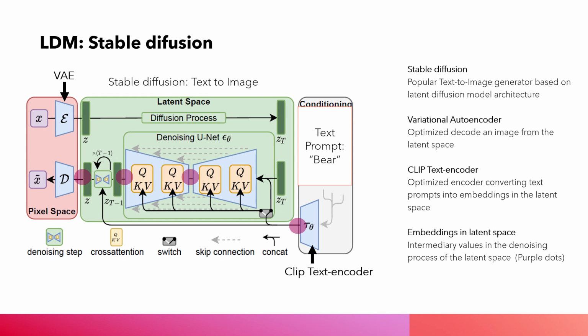As the title mentions, it conducts the experiments on the Stable Diffusion model. Stable Diffusion is a popular text-to-image generator based on the Latent Diffusion Model architecture, as shown in this slide. It uses the optimized CLIP text encoder to embed the text prompt and then injects the text prompts into the UNet like explained before.